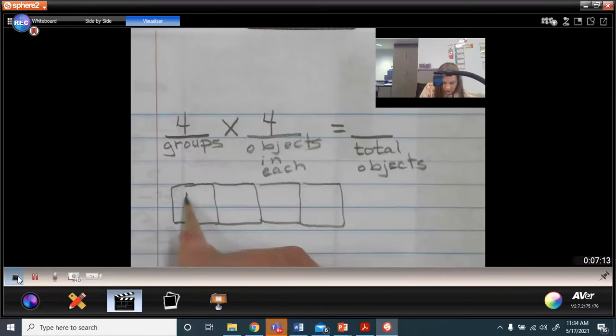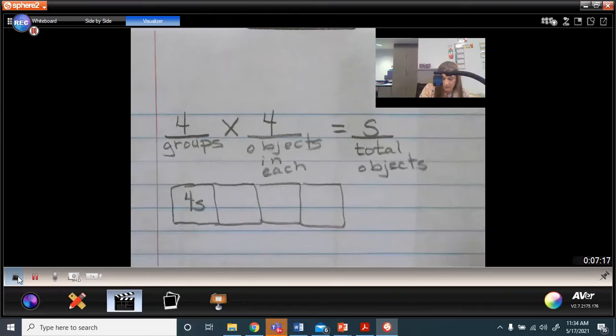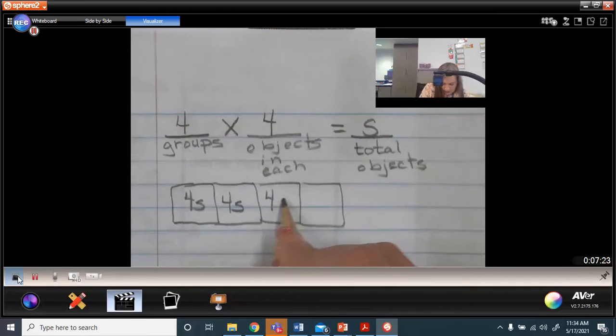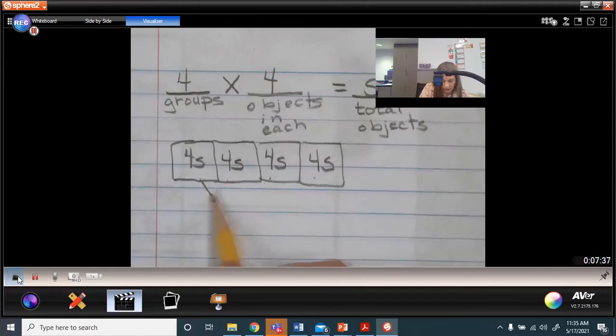So if there's 4 stickers here, and we're looking for total stickers, and there's 4 stickers in that pack, and there's 4 stickers in this pack, and there's also 4 stickers in that pack, then I can add 4 plus 4 plus 4 plus 4. And 4 plus 4 is 8, and this 4 plus 4 is going to give me 8.